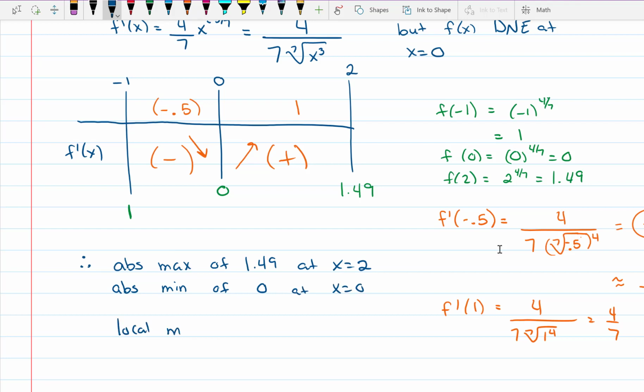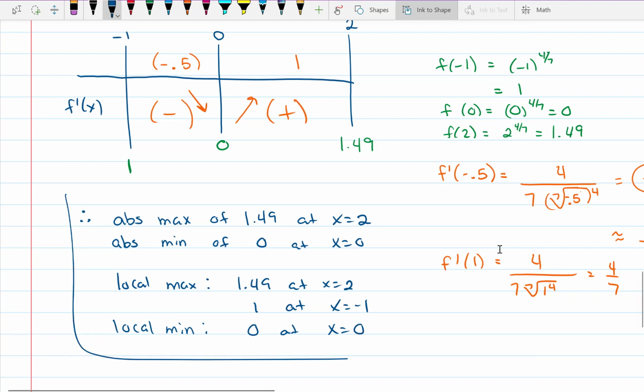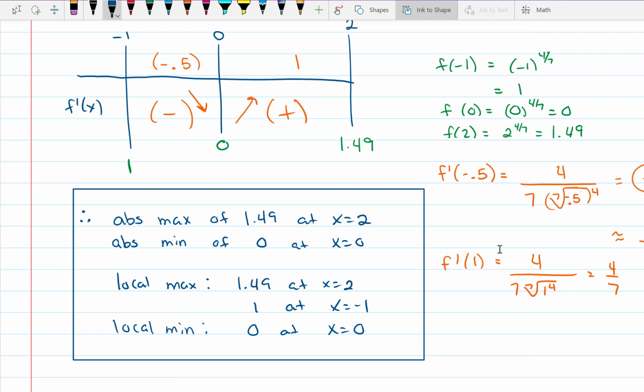We have our local maxes, 1.49 at x equals 2, 1 at x equals -1, and our local mins of 0 at x equals 0. This really is what I'm looking for, and so on your quiz or test, I might ask you for absolute max, local mins, and those kind of things.